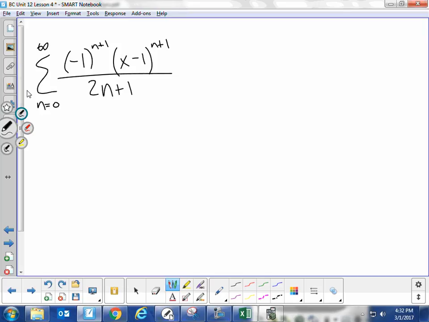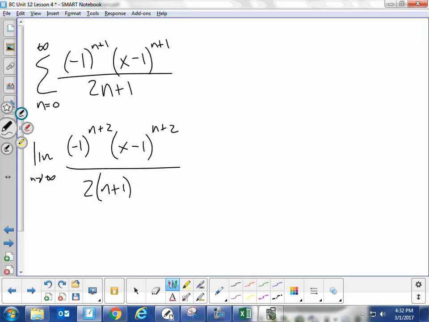All right, so the limit as n approaches infinity of (-1) to the n plus 2, (x minus 1) to the n plus 2, over 2(n plus 1) plus 1, times the 2n plus 1 from the previous term over the rest.